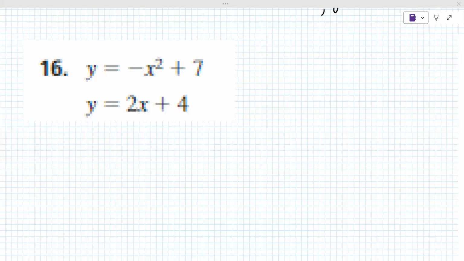So this is two solutions. I got x equals, wait, x equals 1 plus or minus 2 times the square root of 3. This works out nicely. Does it?